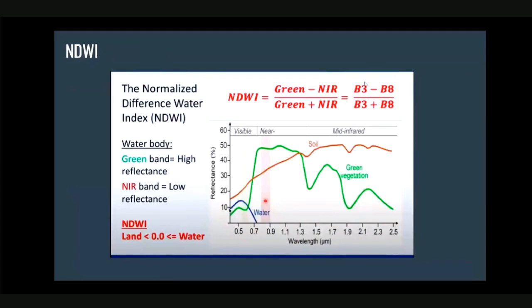However, in the visible, water has more reflection. So what we do is subtract the B3 band from B8 and then divide it by B3 plus B8. In the result, the areas where the value is less than 0 will be considered as land, which will be the darker areas, and the areas where the value is higher than 0 will be considered as water, which will appear as white in the resultant image.